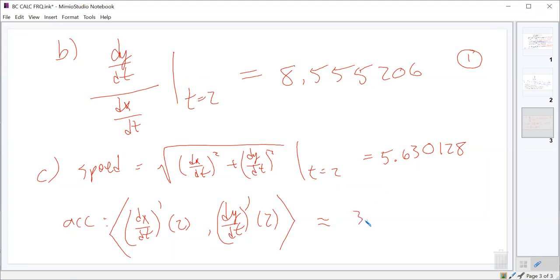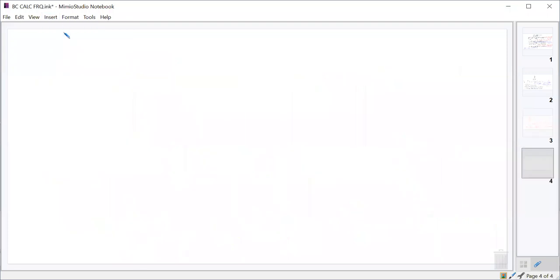Looks like that was 3.027210 and negative 24.911294. Everybody good with part C there? 2 points for that, 1 for each piece of it. Any questions there on C? No questions. All right.